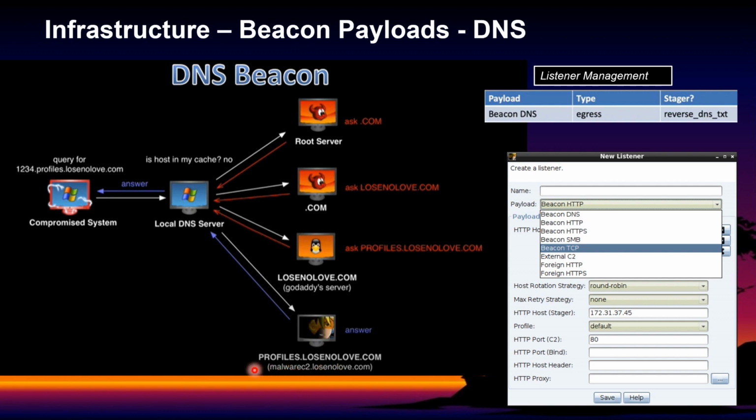It will check the identifier, which in this case is 1, 2, 3, and 4, and check if it has any task for this particular beacon payload. If there is, it will respond with yes, I do, and it will send the response to the local DNS server, and the local DNS server will forward the response to the compromised system. And this is how the DNS beacon communicates. In this way, it will send data or receive data, instructions, or tasks.